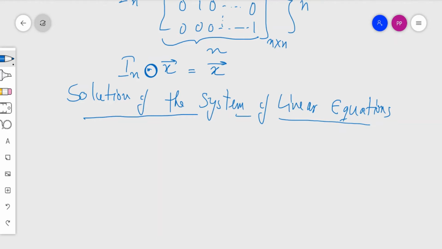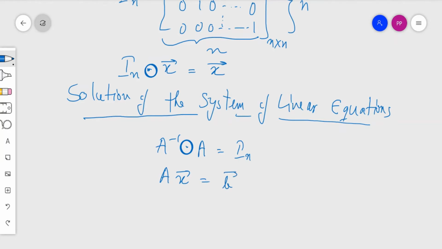Because I is the identity matrix, it means if I find the Hadamard product of A inverse with A, this should be equal to In. With this knowledge, let us find Ax equal to b.